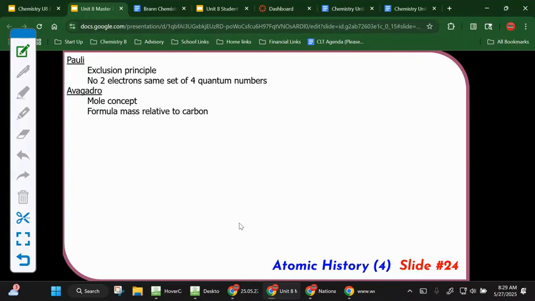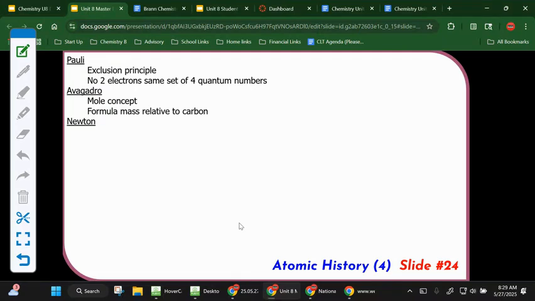So the numbers on the periodic table that you see for average atomic masses, those are relative to the element carbon. That's what they're based on. Carbon has a mass of 12.011, hydrogen 1.007. That means that hydrogen's mass is about 1/12 of carbon. So that's what that means. Avogadro gave us this mole concept.